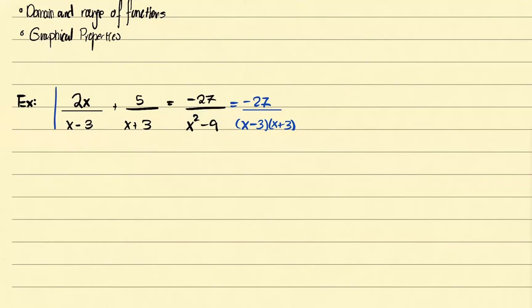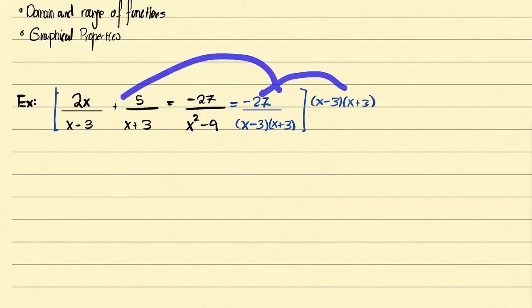So then what we're going to do is multiply through by this common denominator. And this common denominator is x minus 3 times x plus 3. And now we're just going to distribute this to every term we see in our equation.